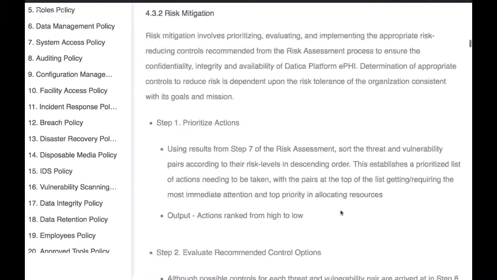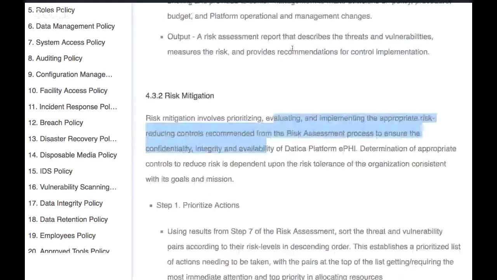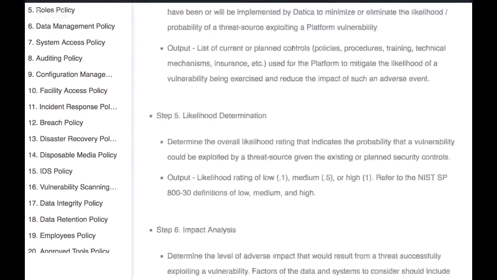So next section is risk mitigation. Risk mitigation involves prioritizing, evaluating, and implementing the appropriate risk-reducing controls recommended from the risk assessment process to ensure the confidentiality, integrity, and availability of Datica platform EPHI. The risk mitigation involves, I think, after the risk assessment, whatever is found.